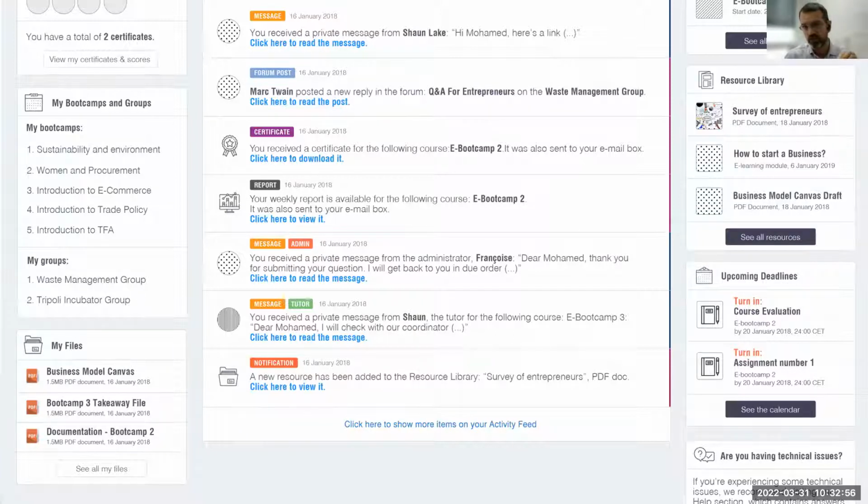On the right, you have access to a resource library, like if it was a library in a university, you can access digital documents like PDF files, and upcoming deadlines if you have courses which have an end date.